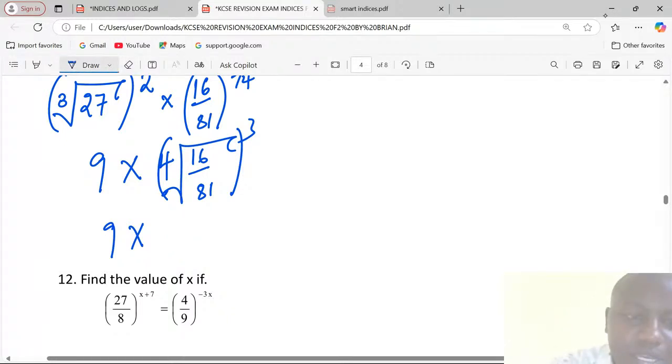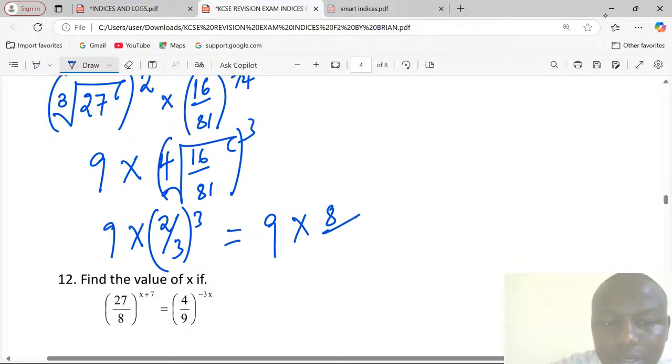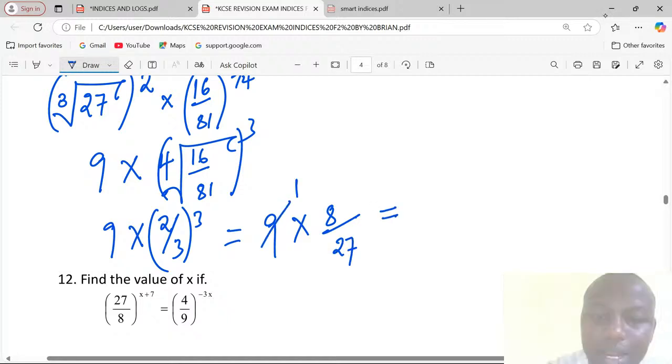This is now what we are cubing. So I'll talk of 9 times 2 power 3, 8 out of 27. So this is going to be by 9 1 and by 9 3.